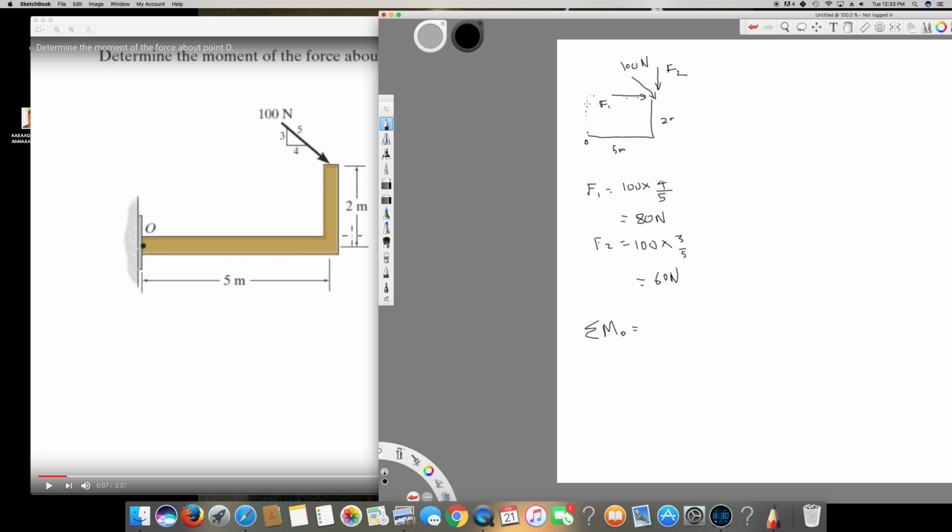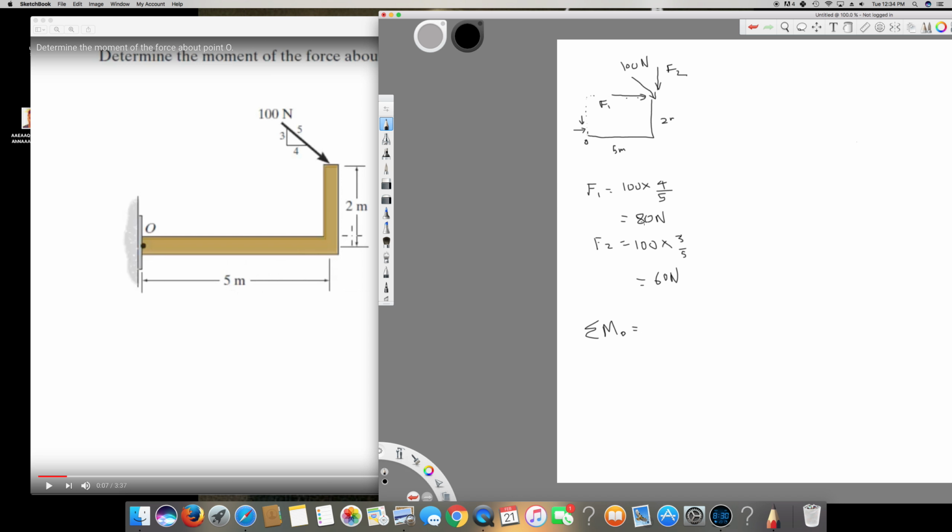For example, if this was acting this side and something pulls this way, which side will it go? It will turn clockwise, right? And if some force pulls this object down, what's going to happen? It's going to go down, and it's also clockwise. So if something is clockwise, we put the negative sign for the clockwise.